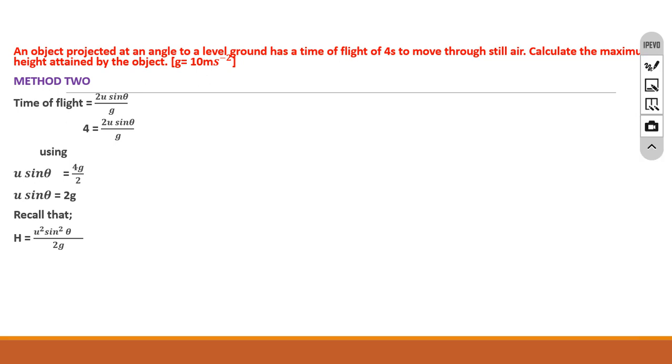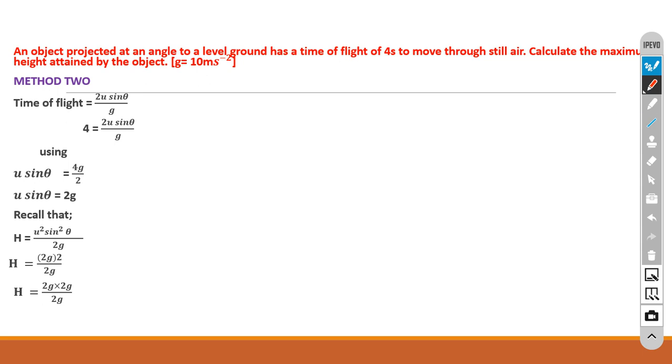Okay, so when you do that, you have h equals 2g squared all over 2g. Of course, the square means we have double of 2g, like what you've seen here, and this will cancel this.